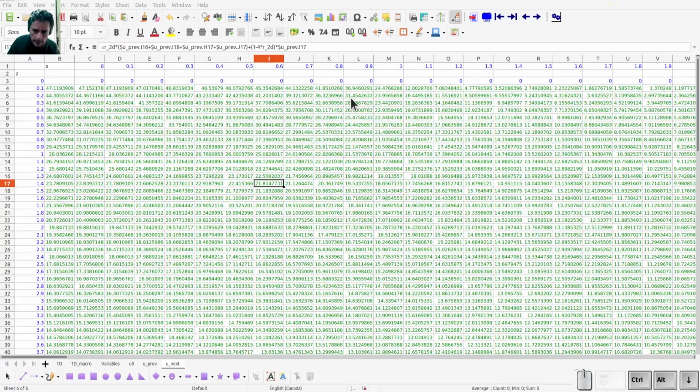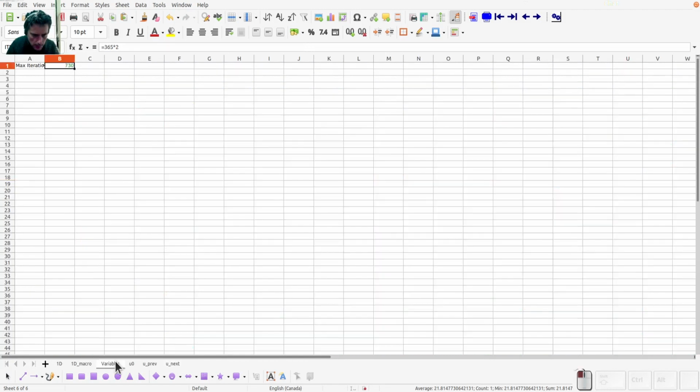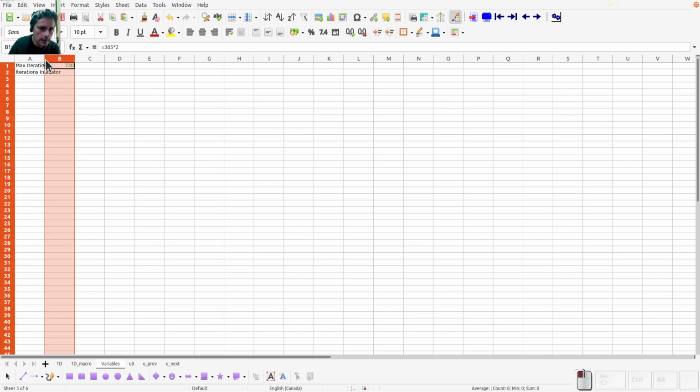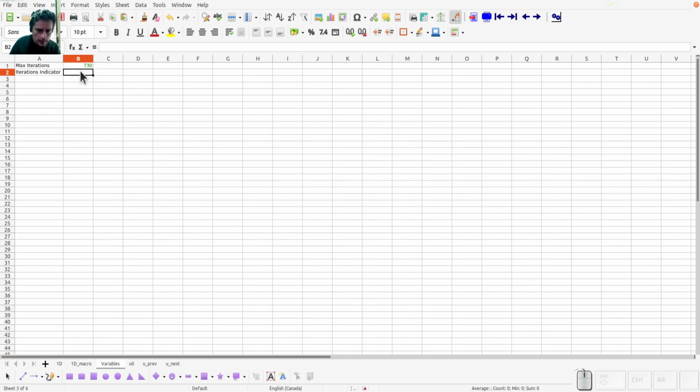Oh, I believe I'm done. Yes, 730 iterations. So iterations indicator, I think it's a very valuable one. Let me make sure how I called it.